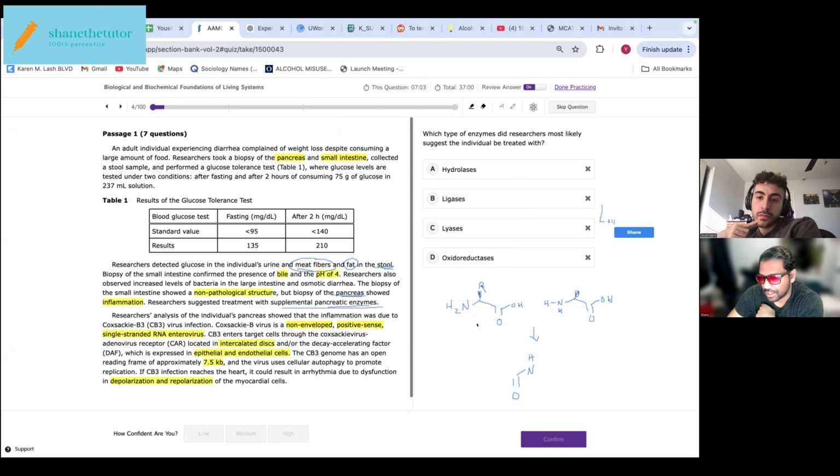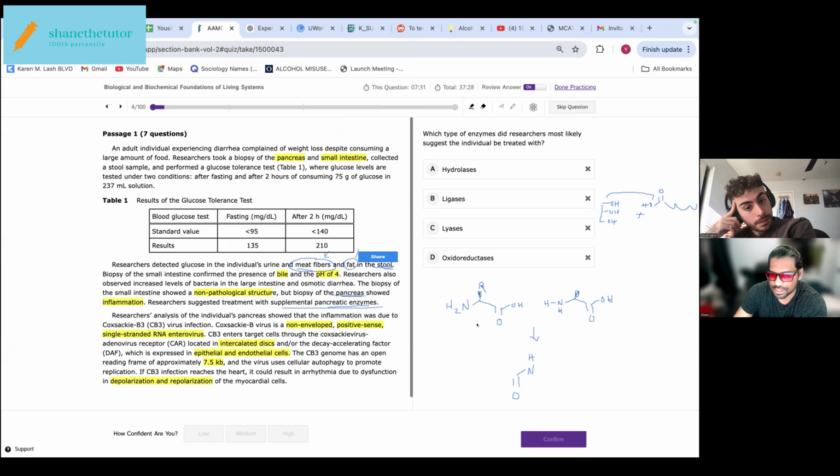Remember, a triglyceride is a glycerol molecule bound to three fatty acids through dehydration synthesis also. So that's why hydrolysis would break the peptide bonds of the protein, as well as the ester bonds in fat.